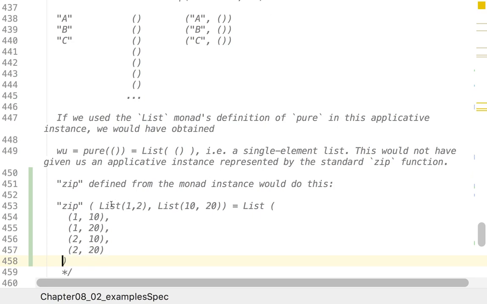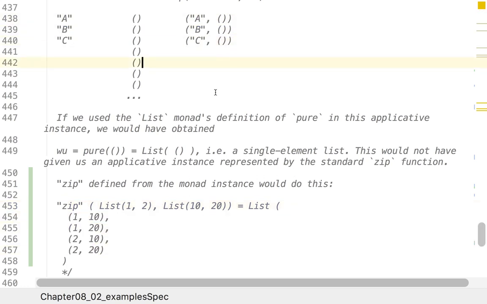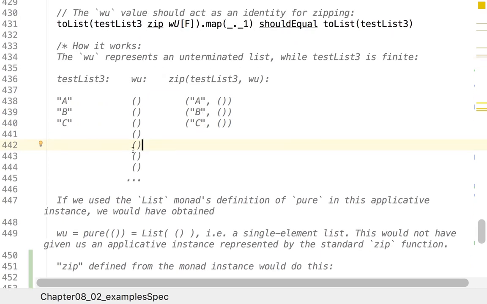So certainly this is very far from the standard function zip on lists. It could be reasonable for some applications, but the standard zip function doesn't do this, it does that. And therefore, for the standard zip function, the correct wrapped unit is this infinite sequence and not this.